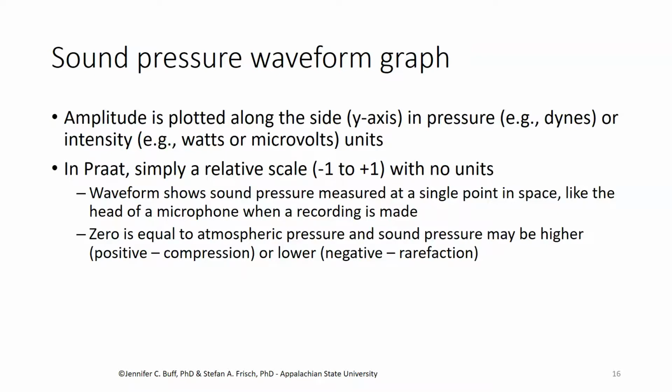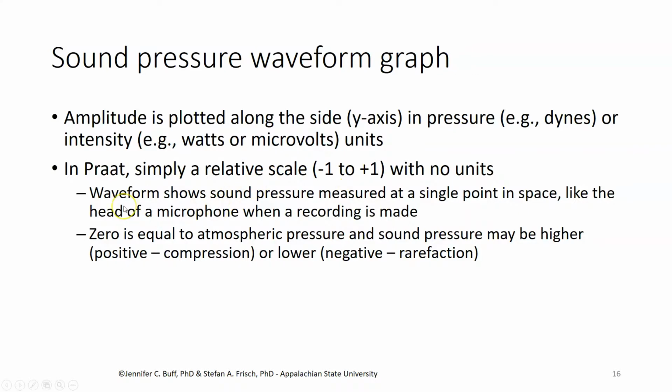In the case of Praat, since you don't necessarily have calibrated equipment that you're making recordings of, there's no attempt to give you a true measure of the amplitude or the intensity of a sound. It just shows a relative scale from -1, the lowest pressure that the microphone can pick up, to +1, the highest pressure that the microphone can pick up, with no units involved.